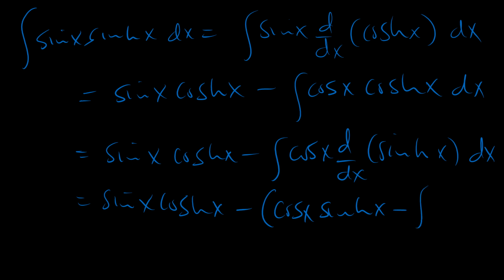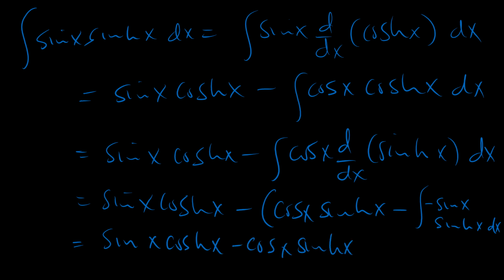Minus the derivative of cosh x is sinh x. So this becomes sine x cosh x minus cos x sinh x.